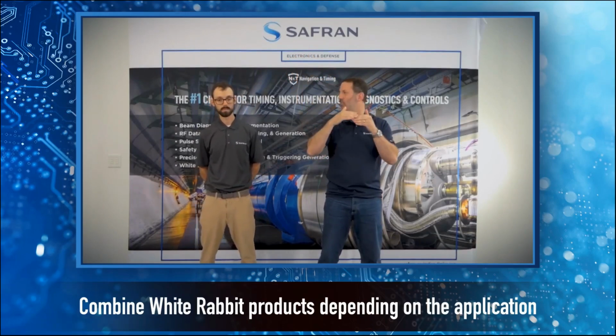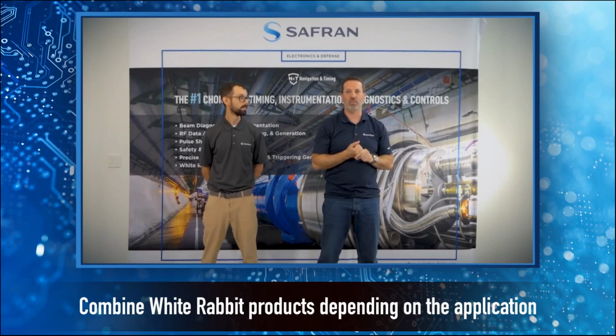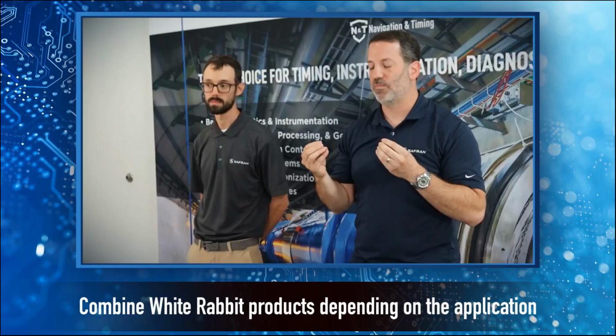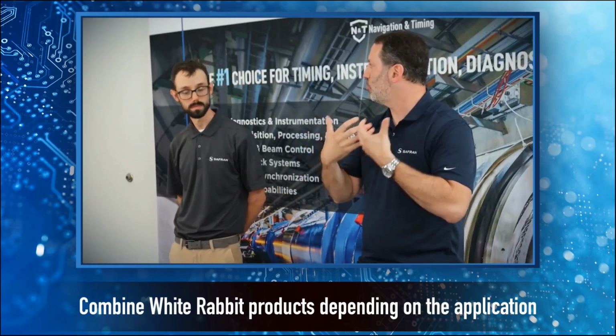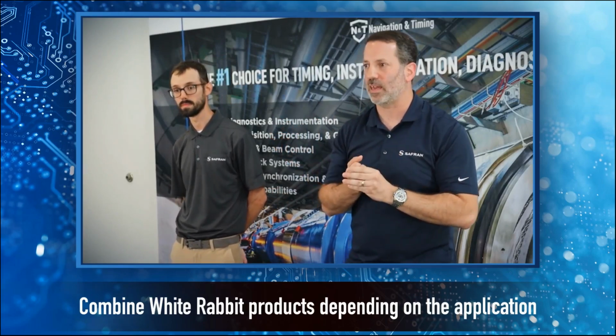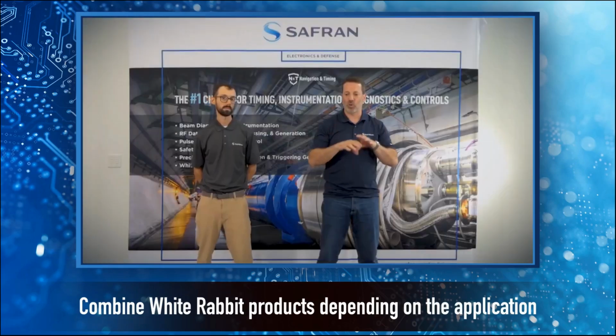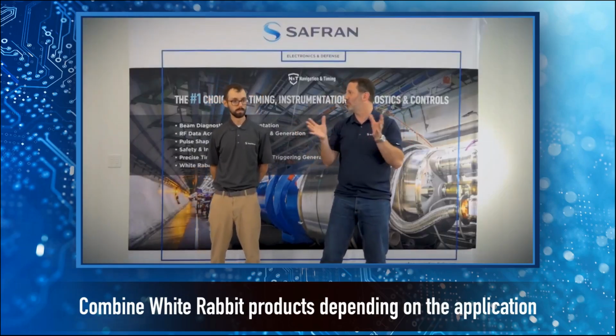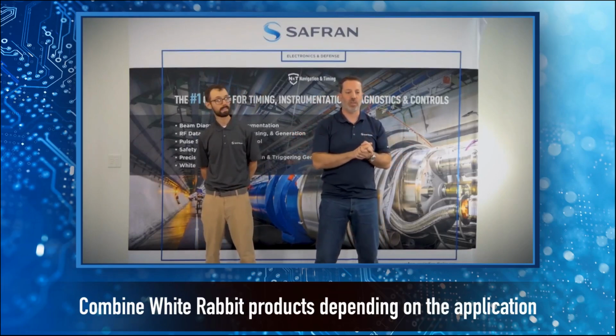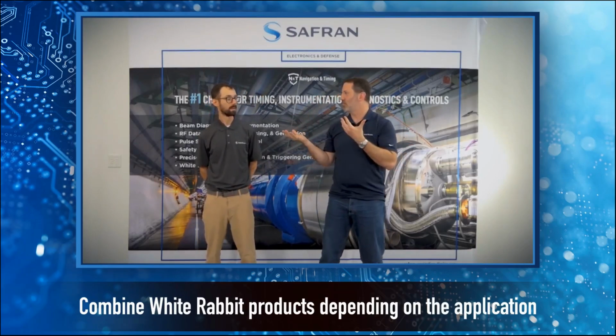And as we discussed, part of the beauty of the White Rabbit protocol is maintaining that accuracy over all of those hops through the White Rabbit devices, which allows you to have very interesting distribution setups that can provide not only the quantity of end user devices that you need to supply, but also things like site-to-site resiliency.